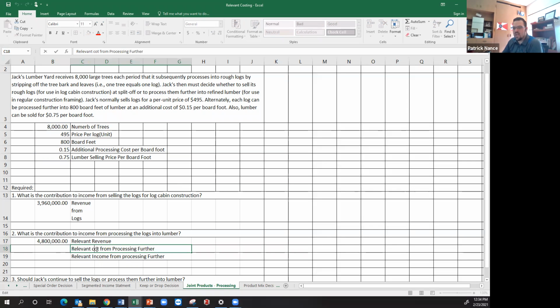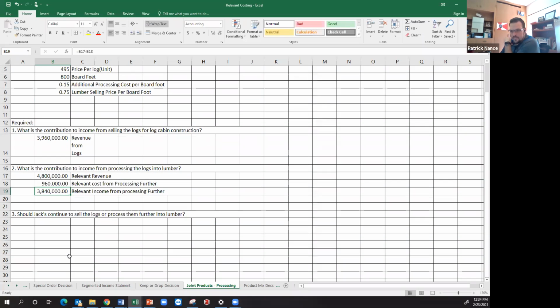My relevant cost from processing further is going to be 8,000 trees times the 800 board feet that I can get per tree times the 15 cents of additional cost per board foot. So 960,000. So my income is simply going to be the difference between the two. This is my relevant revenue minus my relevant cost, which is 3.84 million.